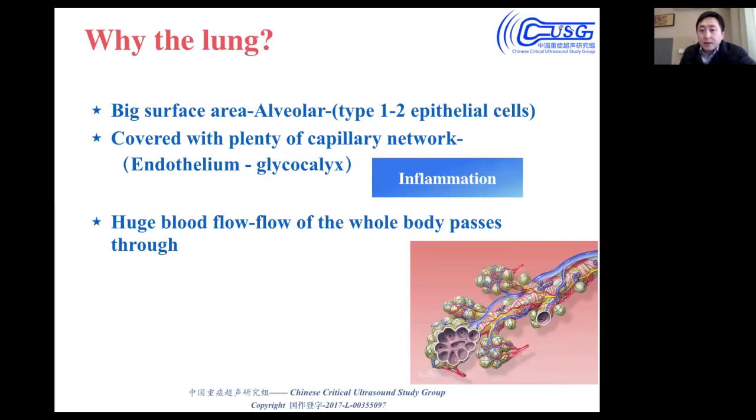Secondly, the alveoli are covered with a plentiful capillary network, with endothelium and glycocalyx to keep the fluid in the vessel. And the third reason is that there is huge blood flow in the lung, because the flow of the whole body passes through the lung.